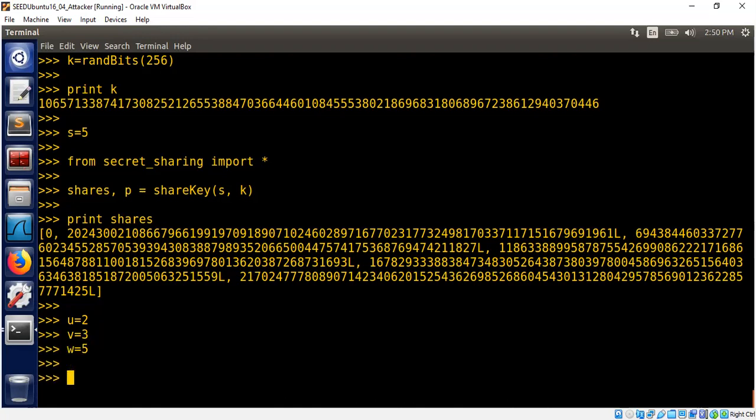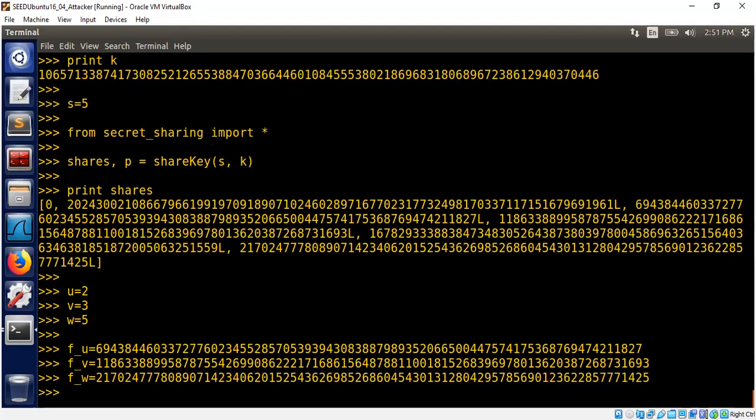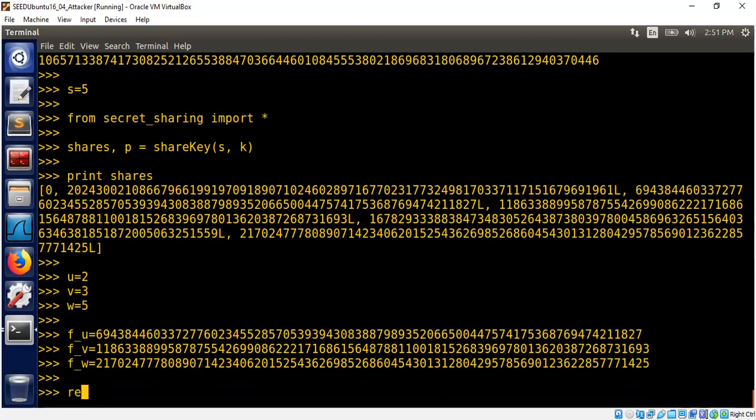Now let's try to reconstruct. First I need to give the f of u value, which is the second element of these shares. The goal is to reconstruct the original key from these shares. Let's try that: reconstruct key.